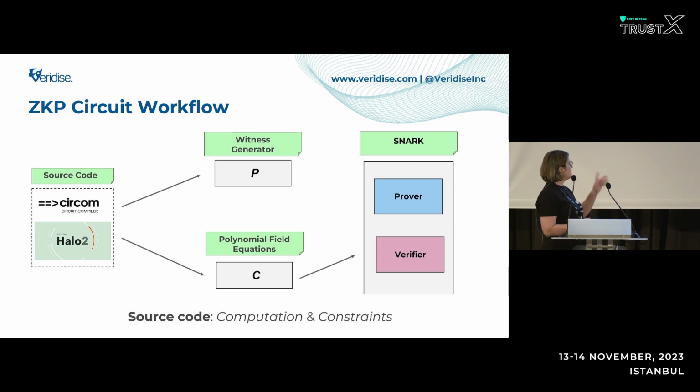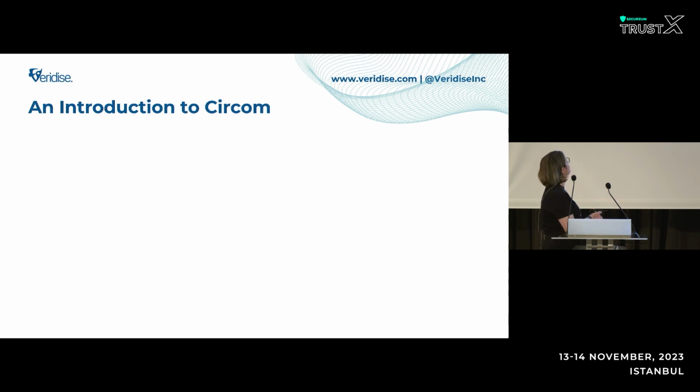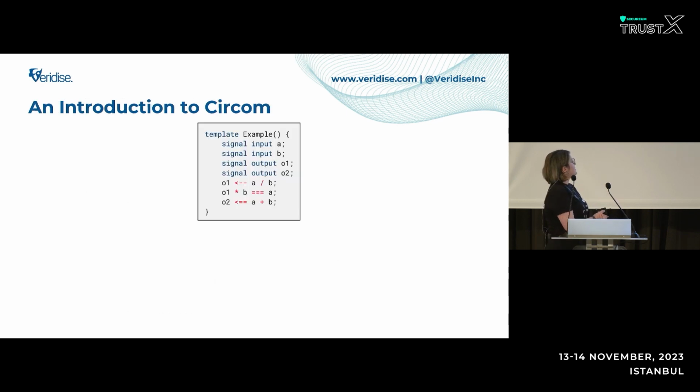All right, so one thing that I wanted to mention before moving forward is that unlike traditional programming, the source code contains both the computation and the constraints, and this is a huge difference, a shift of paradigm. As I said, we will focus on some Circom examples. So this is a very simple example of a ZK circuit.